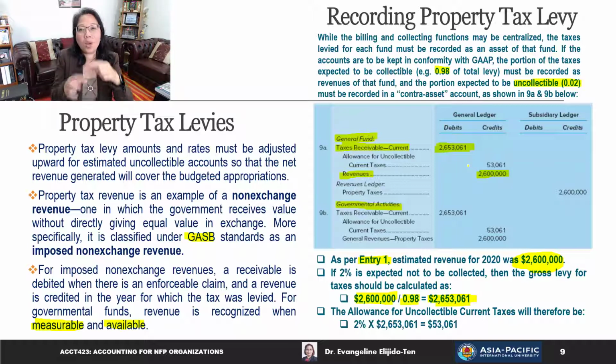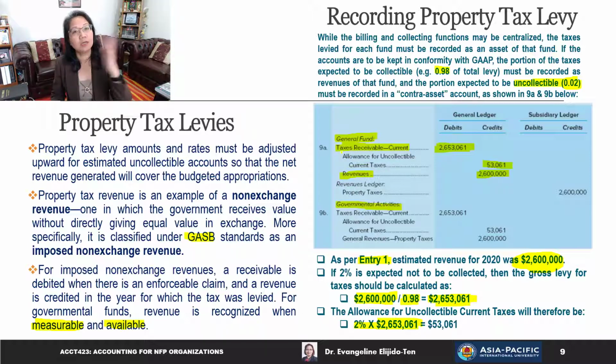Okay, so what about the difference between the two? The difference is that 2% that you are expecting not to collect, the uncollectible amount. So that's simply 2% times 2,653,061, which will give you $53,061.